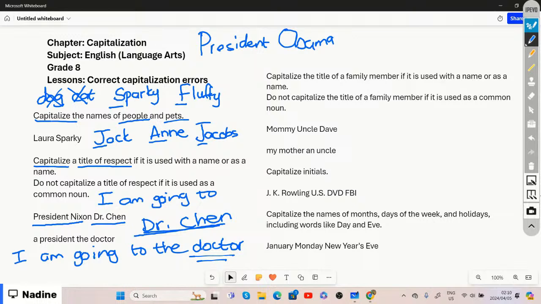Then we also need to capitalize the titles of family members, but that is only if it is used with a name or as a name.